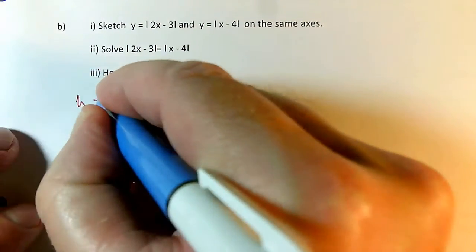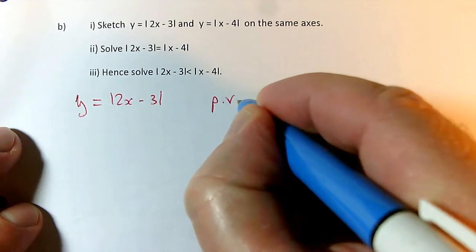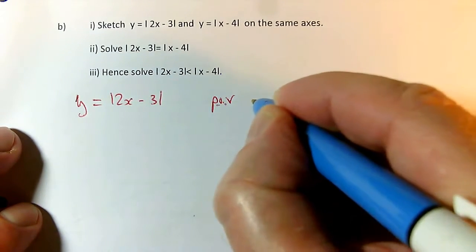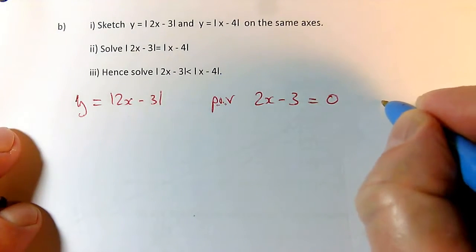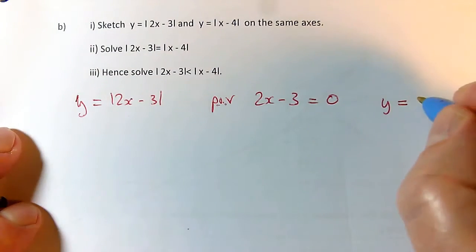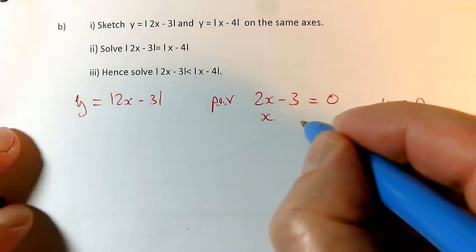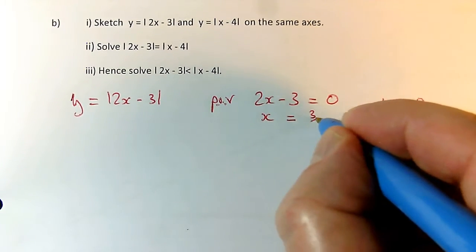So for y equals the modulus of 2x minus 3, the point of the v is when the 2x minus 3, the thing inside the modulus, is 0. In that case, y is going to equal the modulus of 0, so that's 0. And 2x is going to equal 3, so x is going to equal 3 over 2.